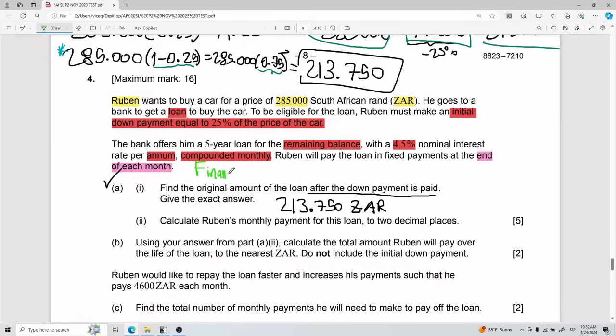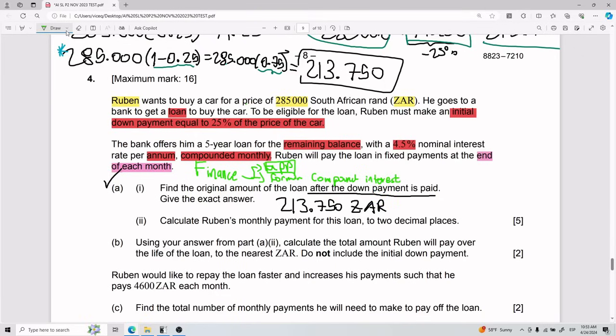And for finance, you have two main tools. One of them is the finance app, and the other one is the formula on your formula booklet for compound interest.